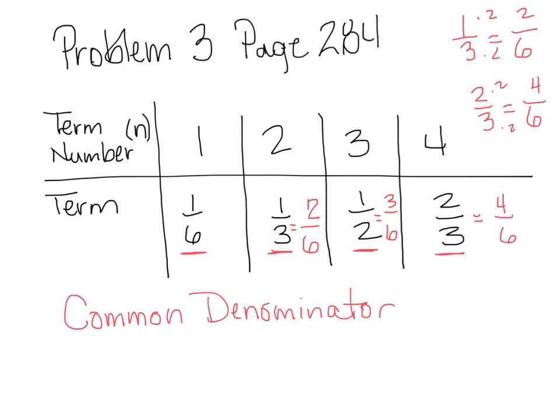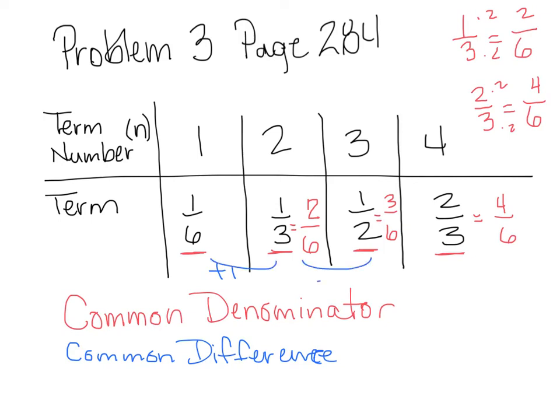What is the common difference of my numerators? I am increasing by 1. The only thing is, now we've got to think about that denominator. I'm not actually increasing by 1 whole.